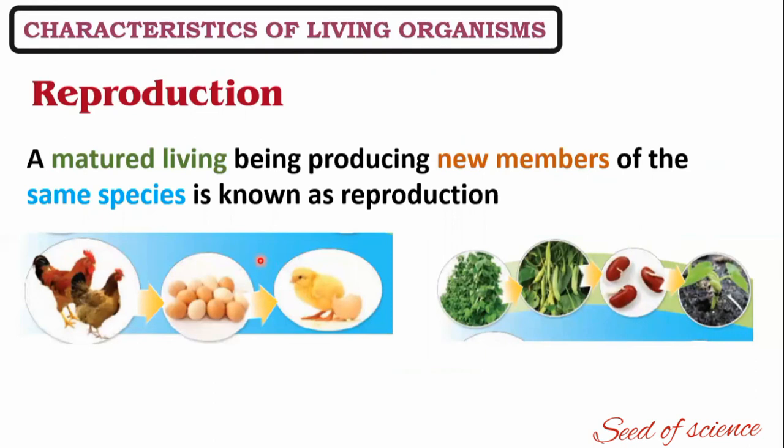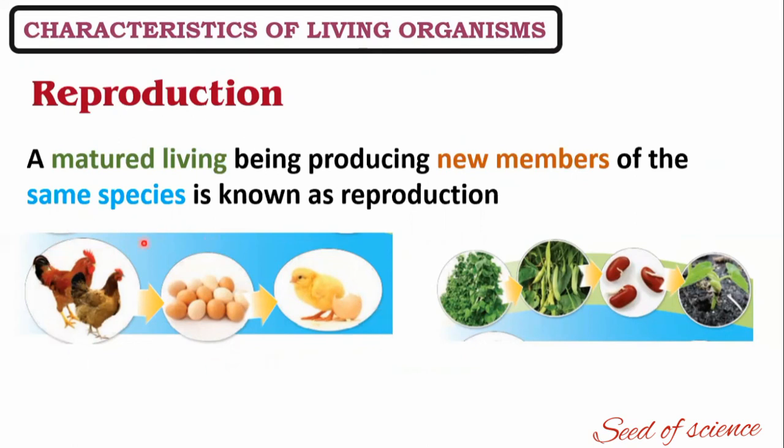if we are human beings, we can produce human babies, right? If it is cat, cat can produce cat babies. Likewise, dog produces dog. So human can't produce cat. So same species means human can produce human, cat can produce cat, right?